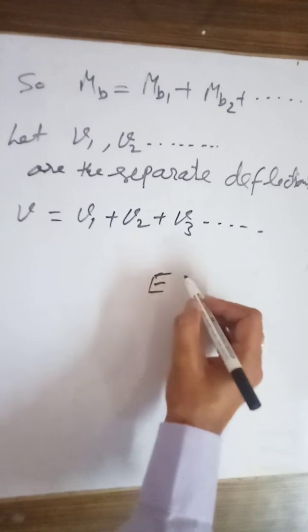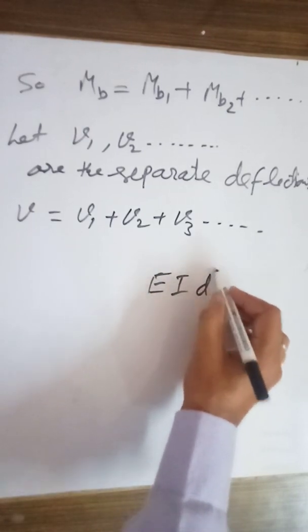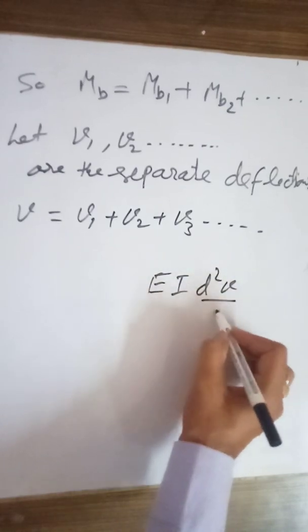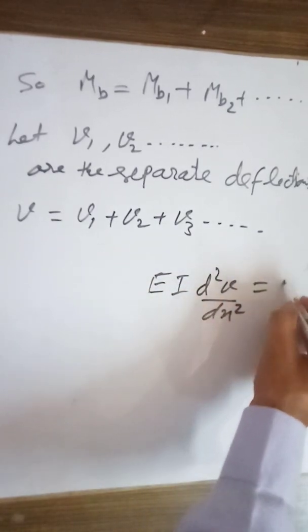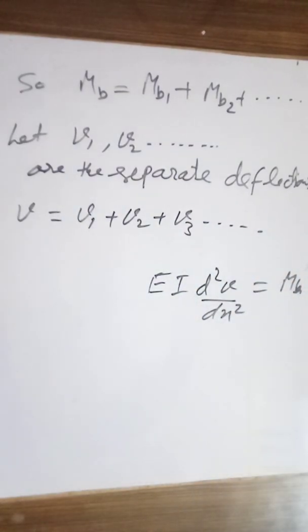In our last video we discussed this: EI d square v by dx square, that was our M_B. M_B1, M_B2 for different loads may be different individually, and then we need to sum up all these moments. M_B1 is the moment for the particular load 1, and for load 2 it is different, so we will represent it by M_B2.